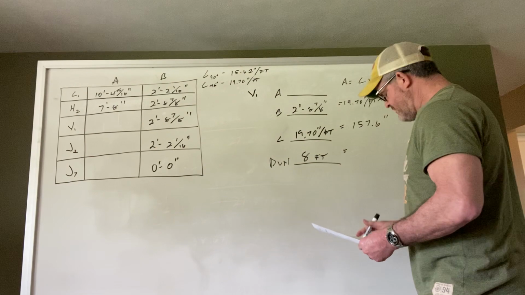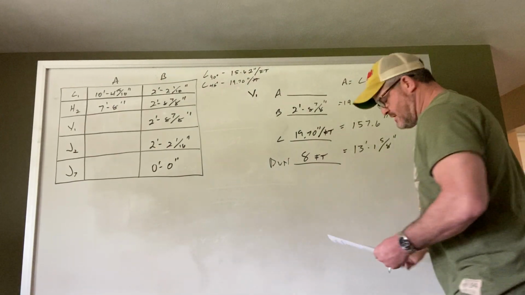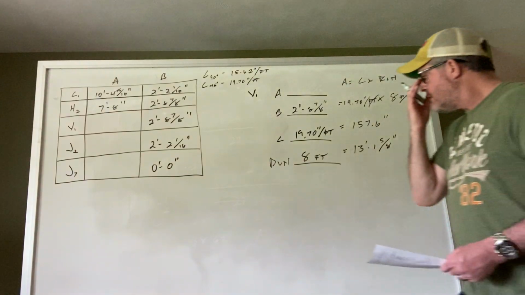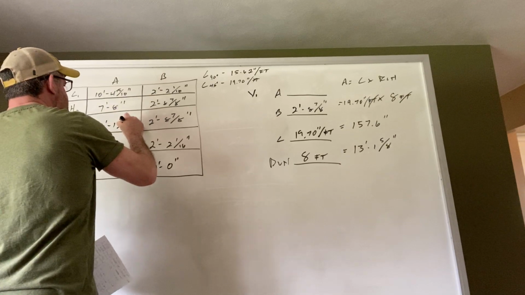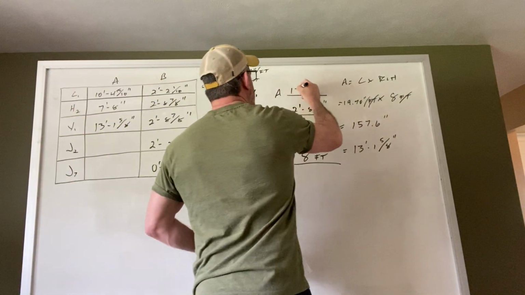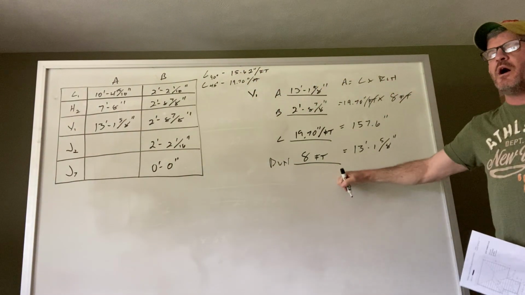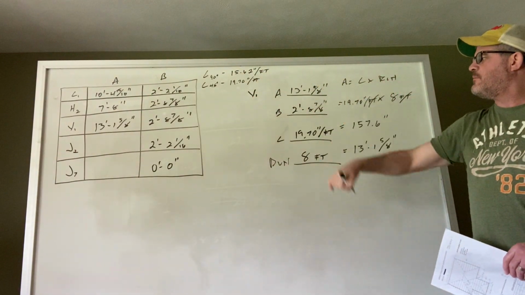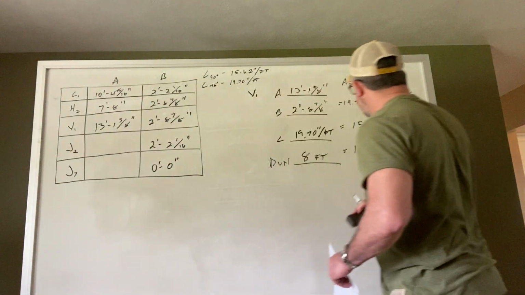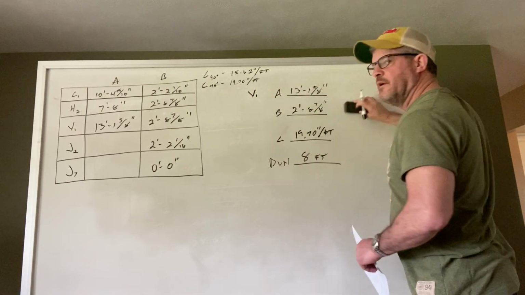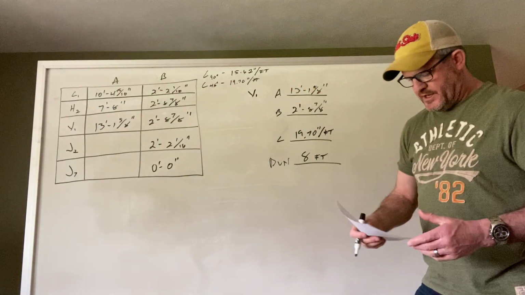I convert that back to feet and inches, and I get 13 foot 1 and 5/8 inches. Okay, so 13 foot 1 and 5/8 inches, and again, that's all I really have to solve for. I just have to determine my run. I know my C, I know my B, and I just have to solve for my A. Okay? So again, understanding the geometry and understanding the algebra in order to solve for that geometry.